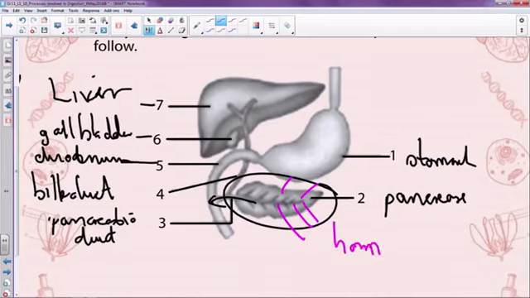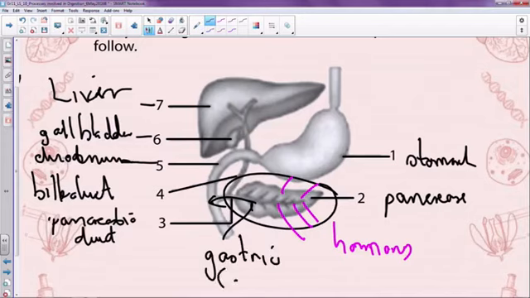So this is quite a unique gland in the body because it produces hormones and it produces gastric juices. So the gastric juices are released via a duct or a tube into the small intestine. However, the hormones are released directly into the bloodstream, and these are hormones such as insulin and glucagon, which play an important role in the regulation of blood sugar levels.